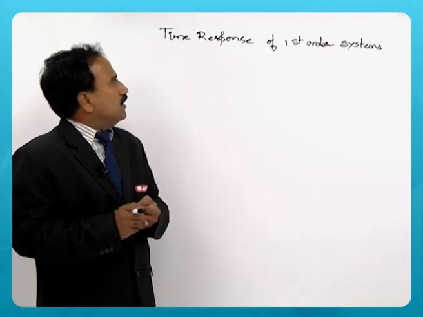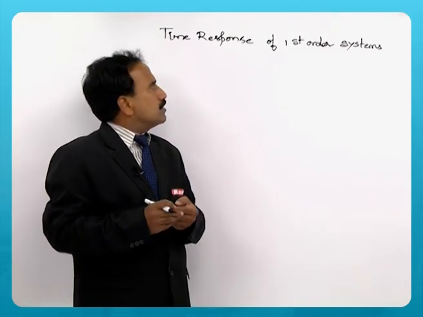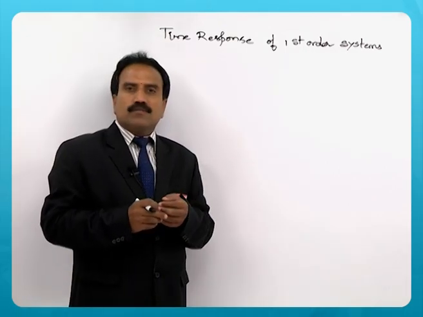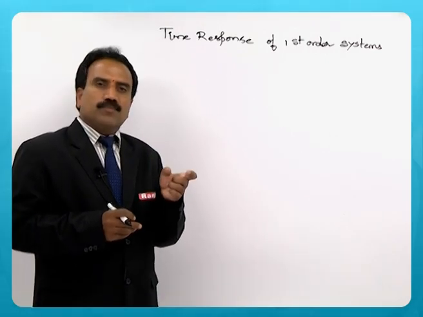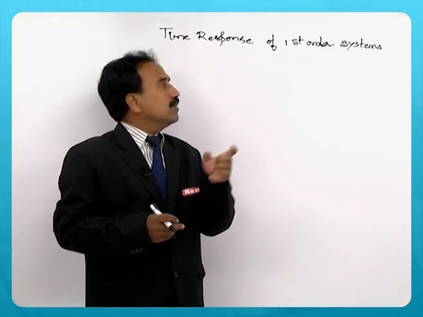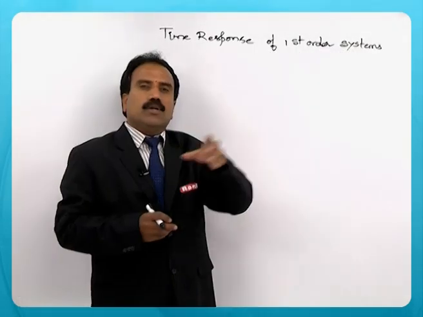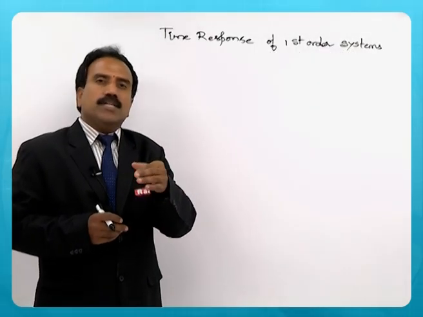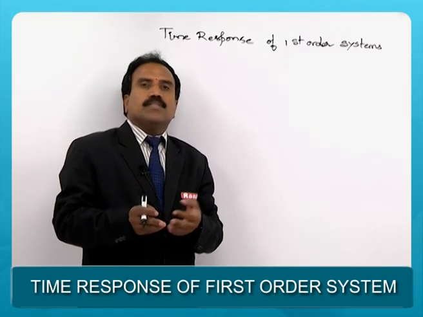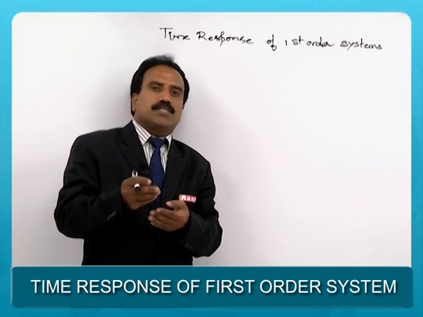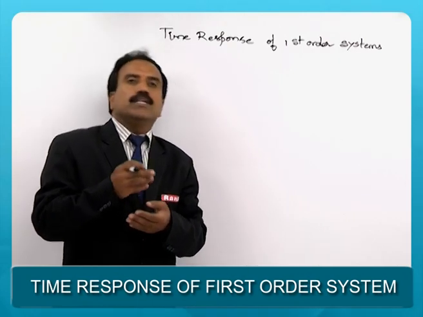So, in the time response analysis, we would like to see that a particular system described by its order, first order, second order and so on, that is excited by certain inputs, then what is its response? That response, how fast it is, how slow it is.